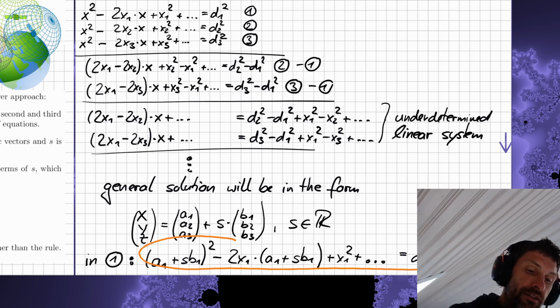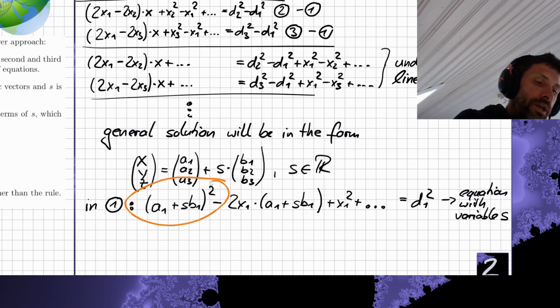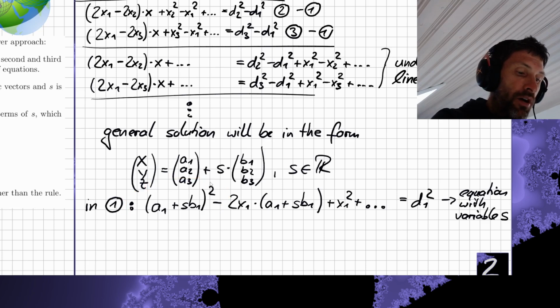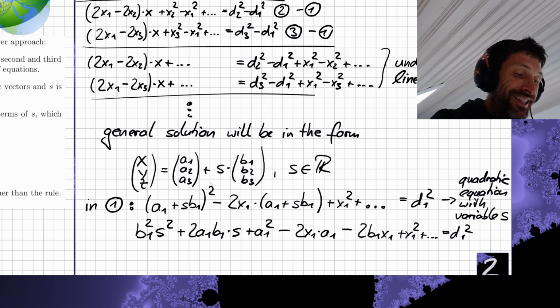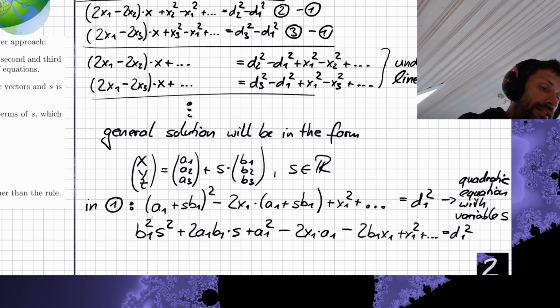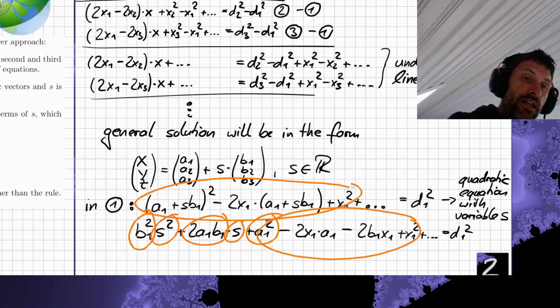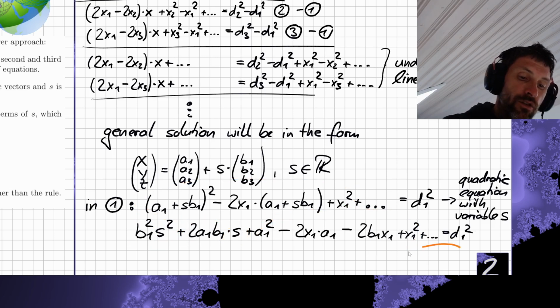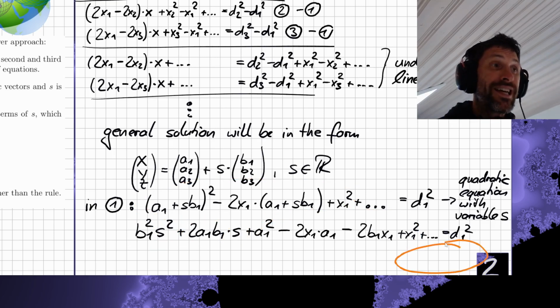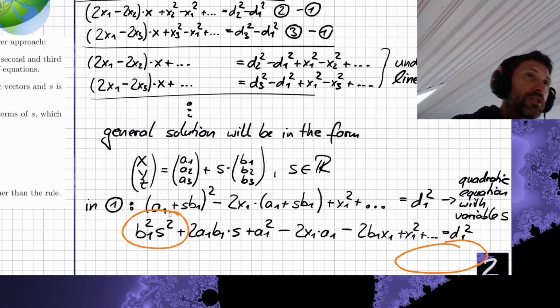We will get this, and now we can expand that part, and so we will get some quadratic equation. Again, b1 will be some number, but s is the parameter. This will be some number, this is the parameter, this will be some number, and so on for this first part, and then we will get corresponding terms for y and z.